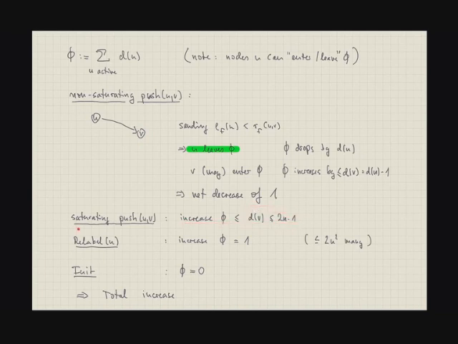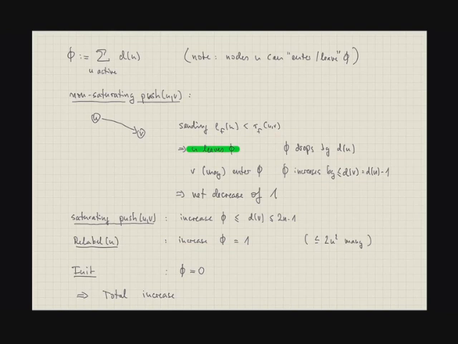So the saturating push could let the function phi increase by at most 2n minus 1. Next, what about a relabel operation? Well, by definition, we are relabeling a node, so that means we are lifting this node 1 higher, so the increase is exactly 1.